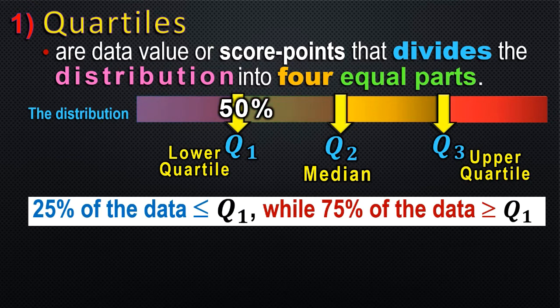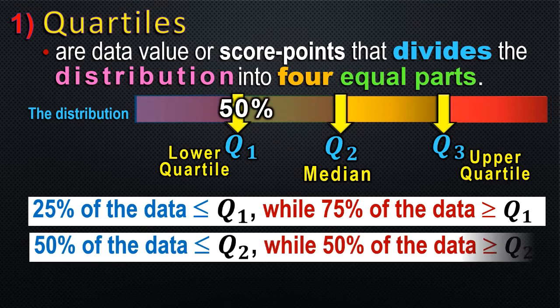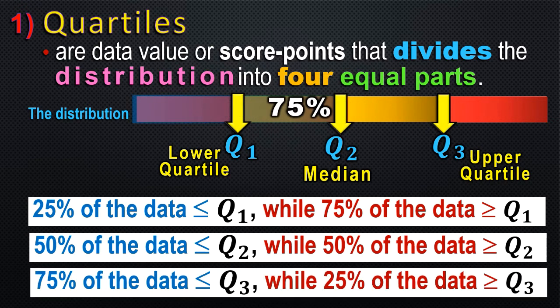Now, 25% of the data is less than or equal to quartile 1, while 75% of the data is greater than or equal to quartile 1. Another, 50% of the data is less than or equal to quartile 2, while 50% of the data is greater than or equal to quartile 2.